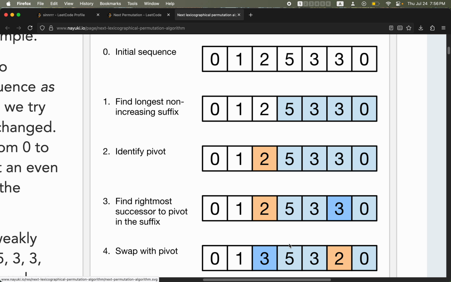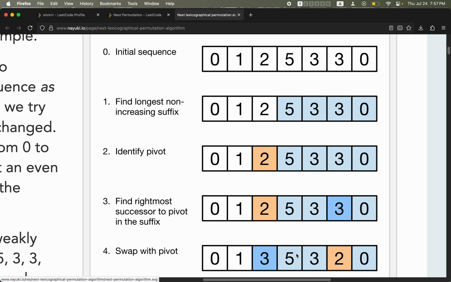But we're lucky. Remember, as I told you, this is sorted. This is already sorted. 0, 2, 3, 5, it's already sorted, right? So it's sorted in descending order starting from left to right. What you can do is just sort them in ascending order, right? That will make the number smaller, right? That's the only reason why we're doing the sorting, because we want to make the number smaller.